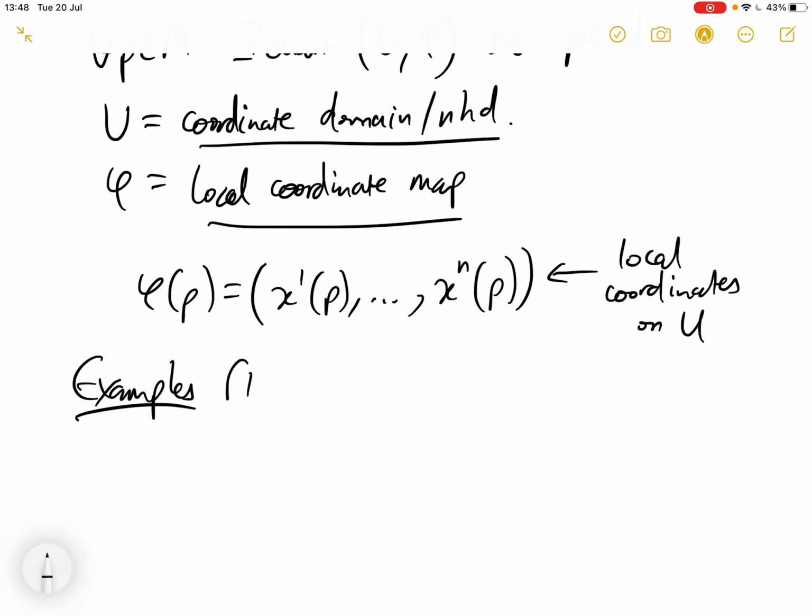So let's first take graphs of continuous functions.